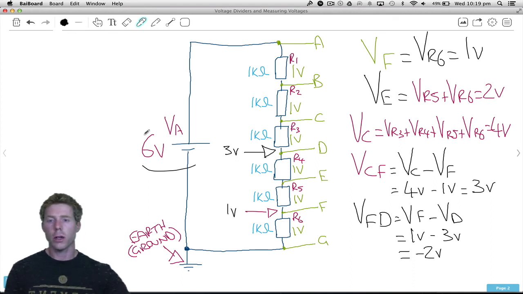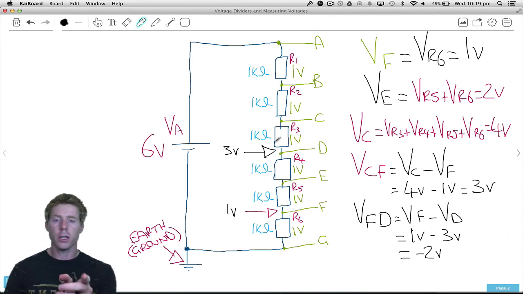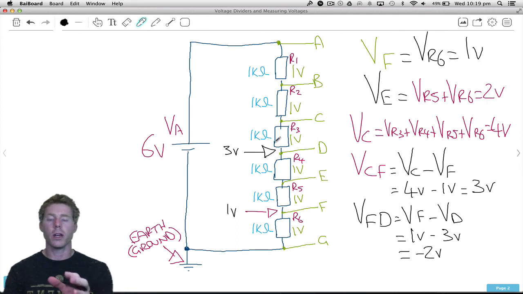So whatever the power supply is, it will divide itself up amongst however many resistors are in series. For this particular circuit, just to help out with understanding, I've made all the resistors 1K. Since it's a series circuit, they will all have the same amount of current. So if they've got the same current and the same resistance, they must have the same voltage. In this case, they're all 1 volt.